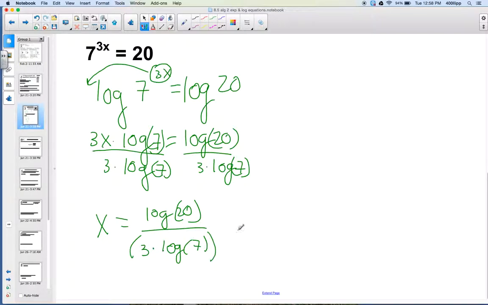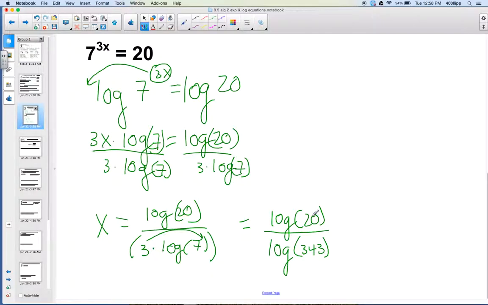You can put it in your calculator like that, or what you can do is you can put it in your calculator where you're actually having 3 as the exponent, which would be 7 cubed is 343, and then you can put it in your calculator like that. Either one will work.